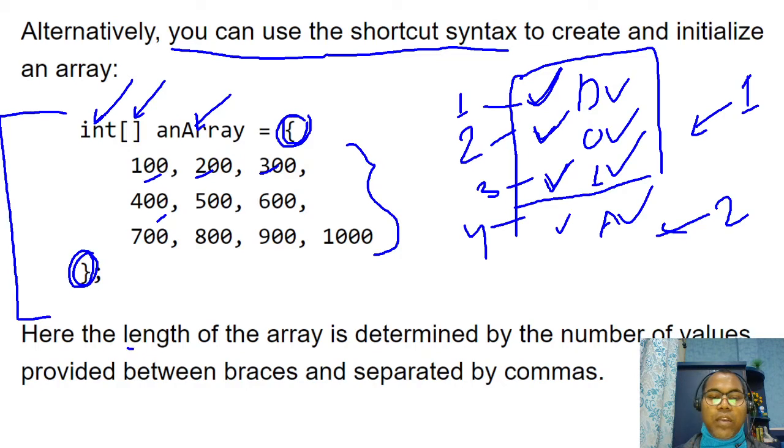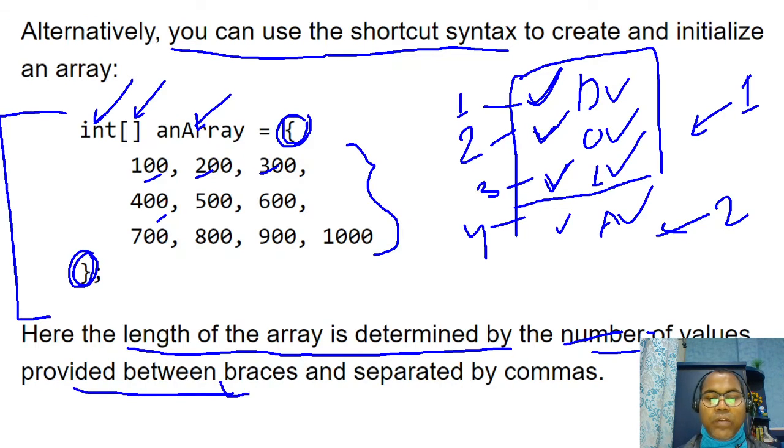So here the length of the array is determined by the number of values provided between the opening braces and separated by commas. Ensure that you start with your opening brace, and all the values are comma separated, and this is the list of values.